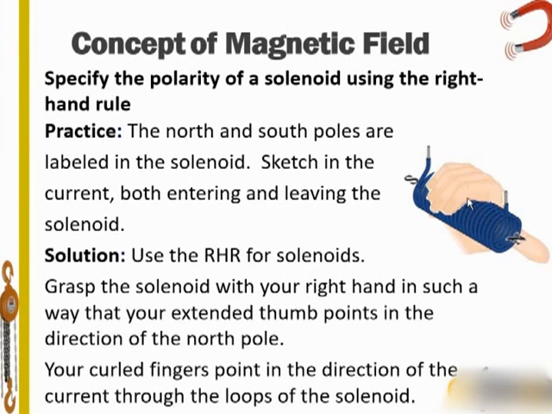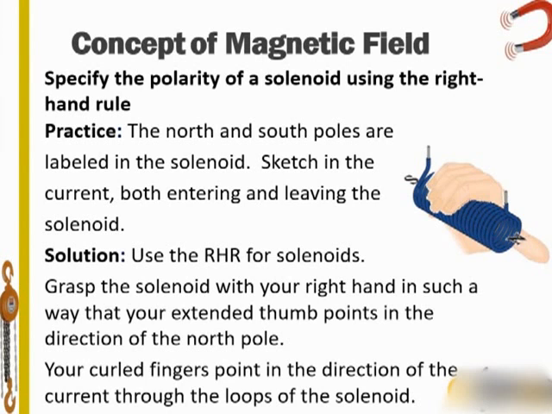And remember, in the right-hand rule with a straight line wire where current is flowing through a straight line wire, your thumb represents the direction of the current, but it's your fingers that represent the direction of the magnetic field. So don't get the two of them mixed up.